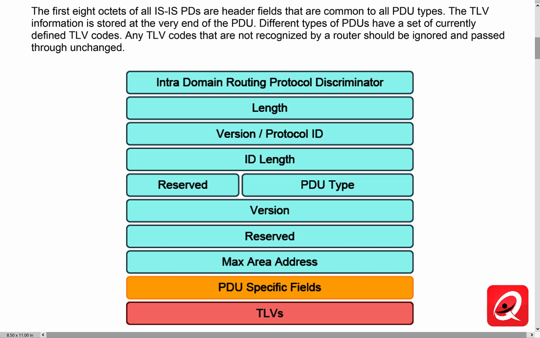PSNP is used to acknowledge and request missing pieces of link state information. So similar to a link state acknowledgement, but not quite the same, because link state acknowledgements don't allow us to request missing information. And then we have a CSNP packet, which is used to describe a list of the link state packets in the link state database of the router.